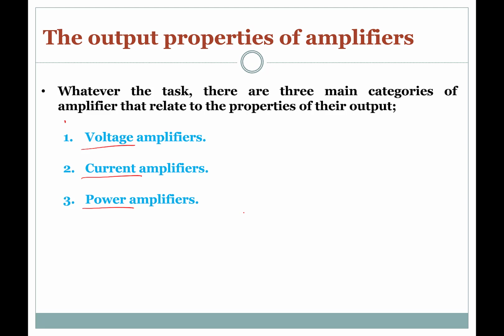So with input and output in the same units, if you recall, we calculated the gain of an amplifier, AV, for instance, if this is voltage gain, to be the output voltage divided by the input voltage. That would have been the gain for a voltage amplifier.